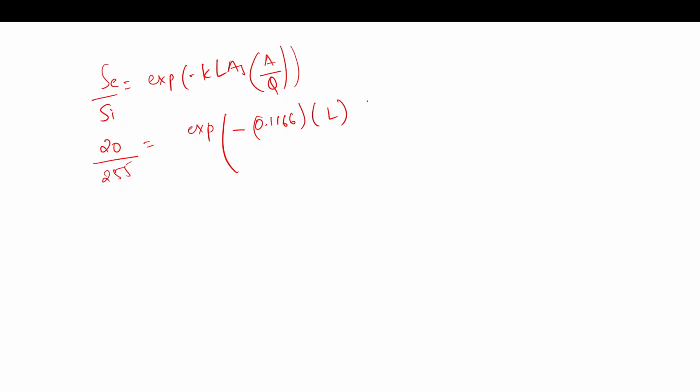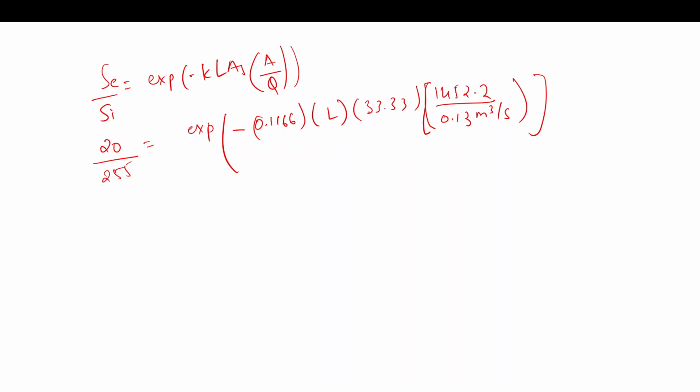Then AS is 33.33 into A, you got as 1452.2 divided by Q. Now this Q is in meter cube per second, right?